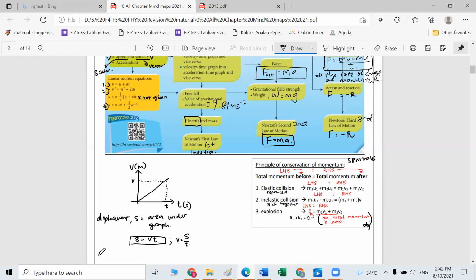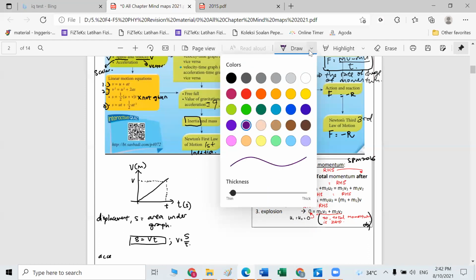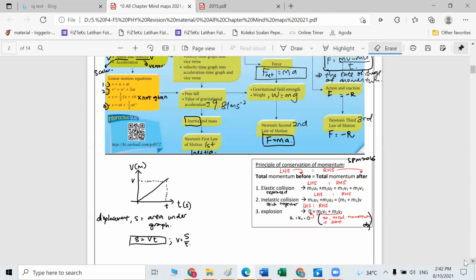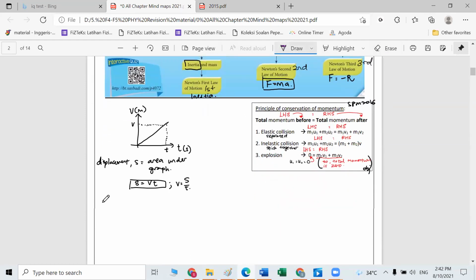Then how to get acceleration? Smita and Ming Hong, how to get acceleration from the graph? Yeah, Ming Hong.